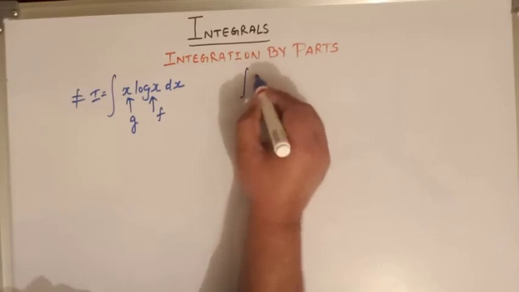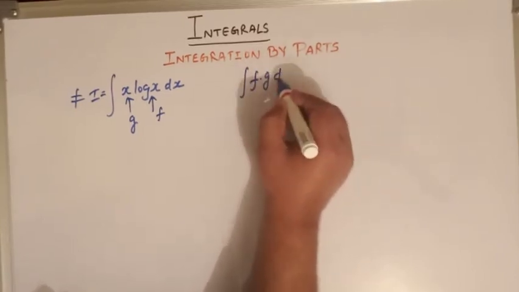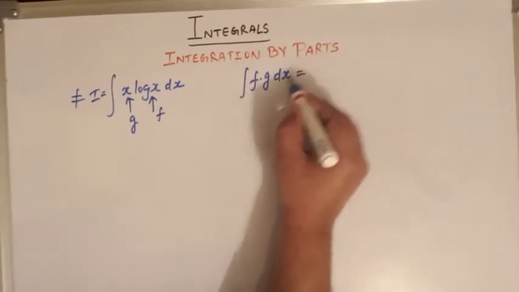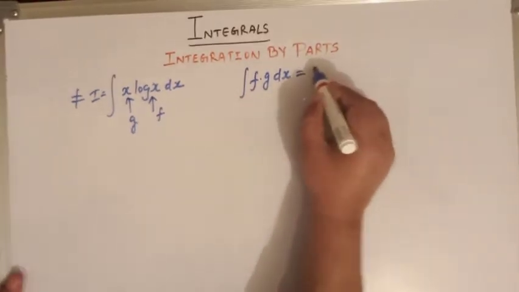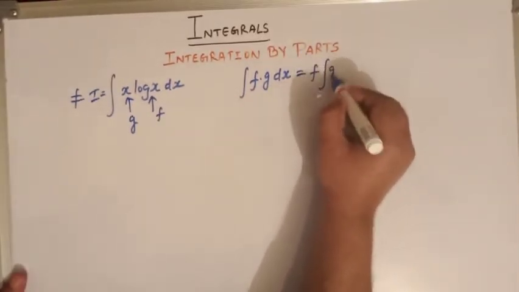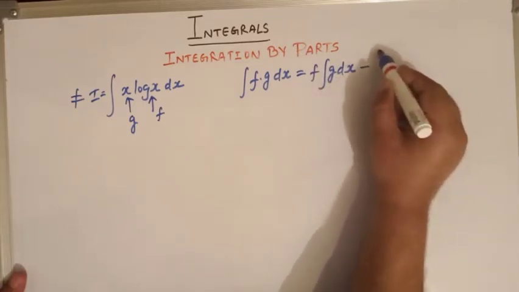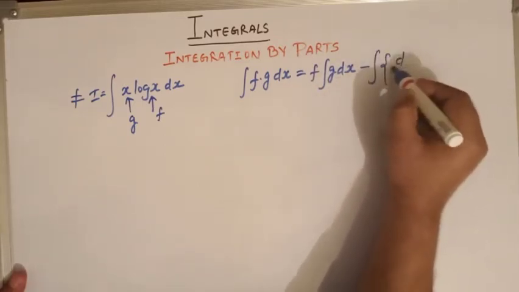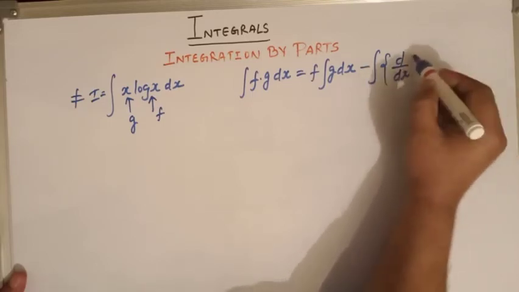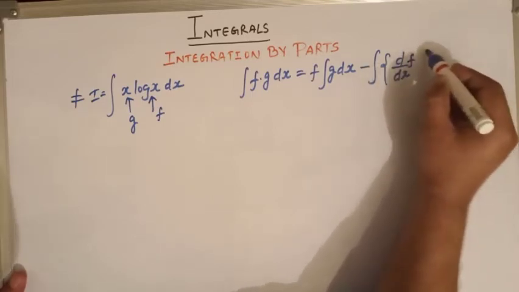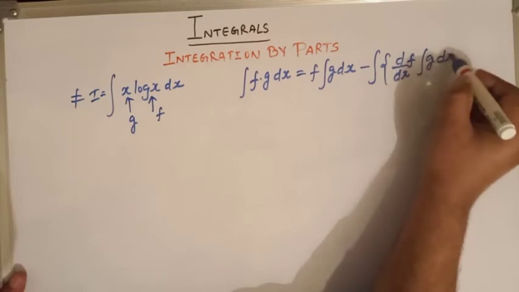And here we have the formula for the integral of the product of two functions f and g as f times the integral of g dx, minus the integral of the product of the derivative of f and the integral of g. Clear?